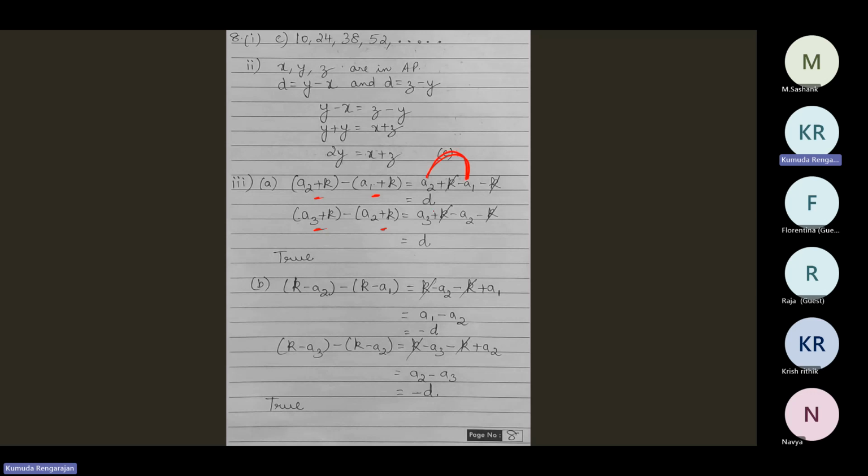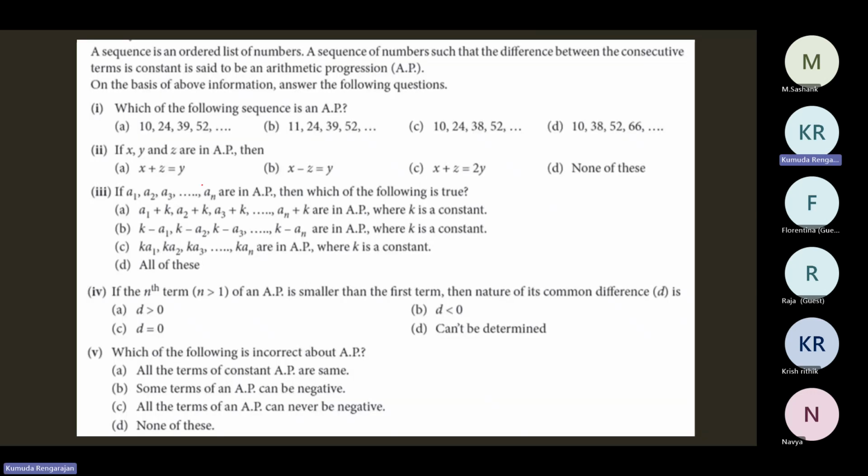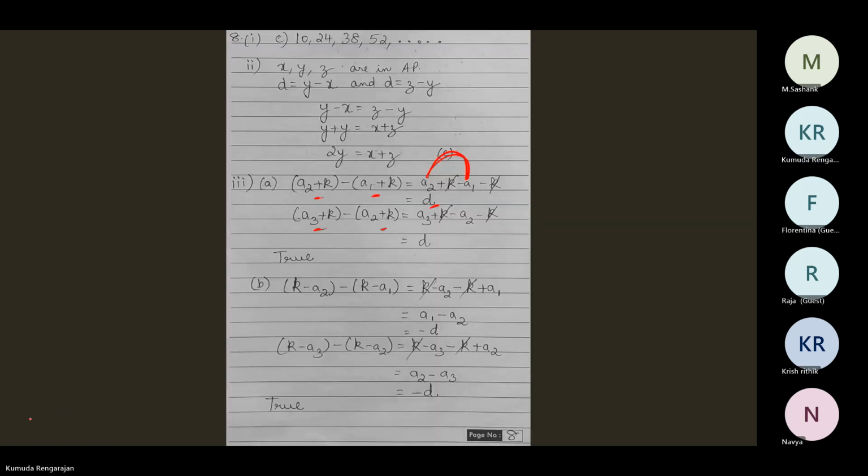A2 minus A1, you know, is D, because it's given here that A1, A2, A3, AN are the terms of an AP. So that means A2 minus A1 is the common difference, D. Second term minus the first term, you get A2 minus A1, which is D.